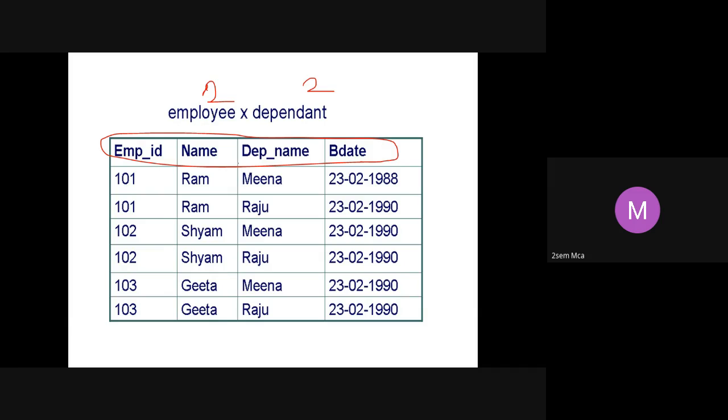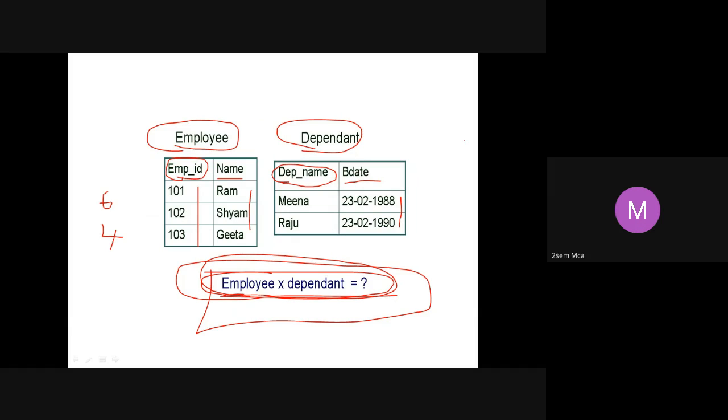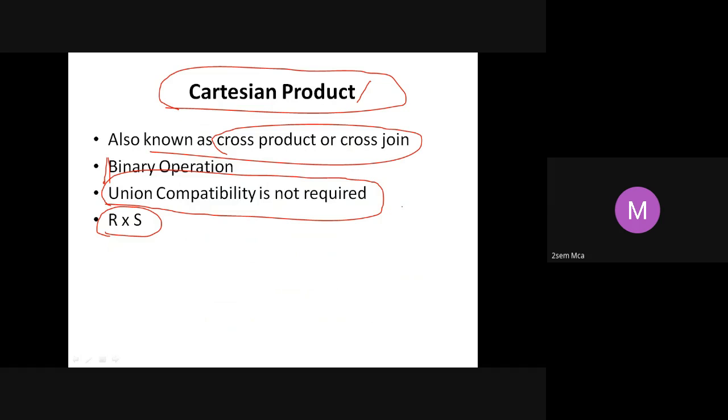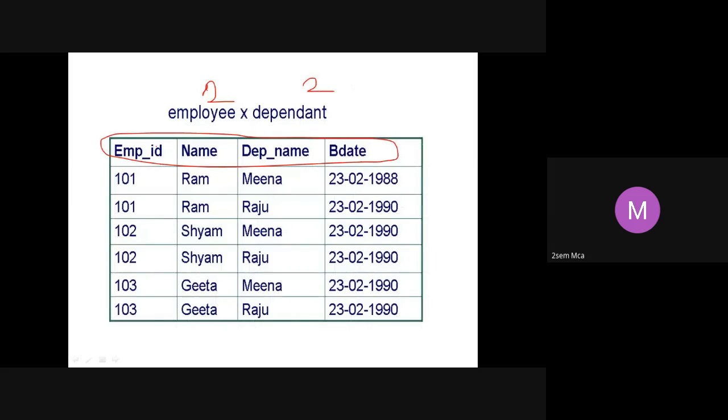And then you have 3 records in the employee table and 2 records in the dependent table. So the first record, you will join with every possible record of dependent, that means it will be joined with both of these 2. Again, 102 will be joined with these 2. 103 will be joined with these 2. That is how you get here 6 records. 101 Ram with Meena and Raju.